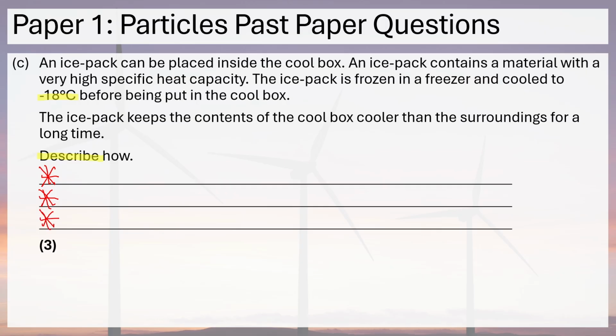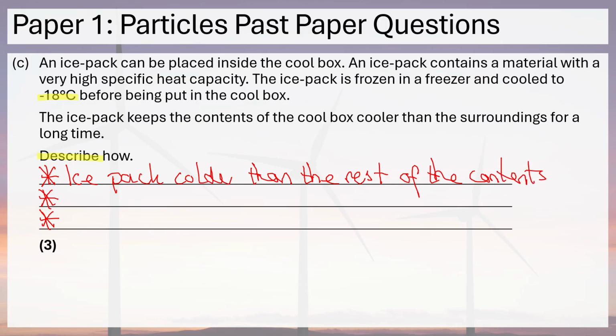So the first very obvious point to make is the ice pack is colder than the rest of the contents. So you get a mark for saying that, even though it might seem obvious.